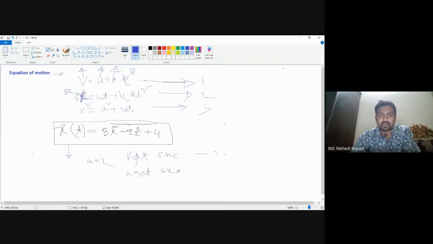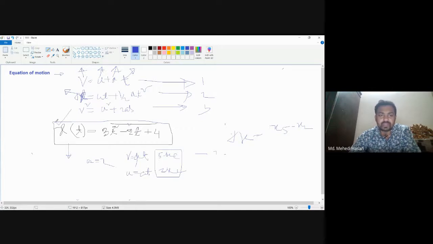You can also find out the displacement. If the question is: find out the displacement between t equal to 2 second to t equal to 5 second, and the equation is given like that, then you can easily find out del x equal to x5 minus x2. x5 minus x2 will give you the displacement.